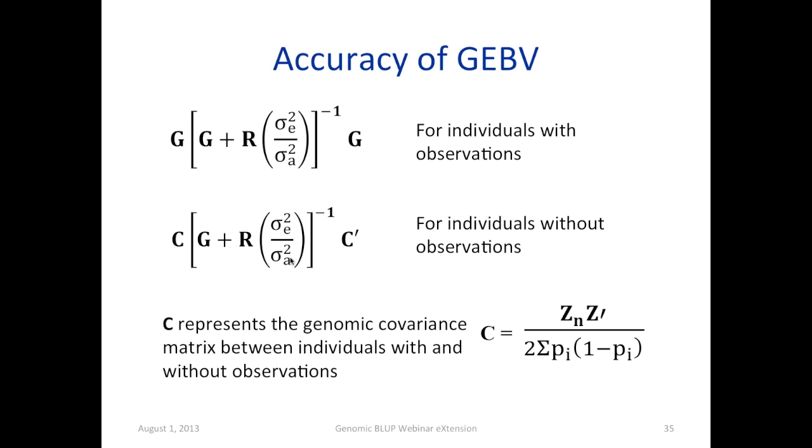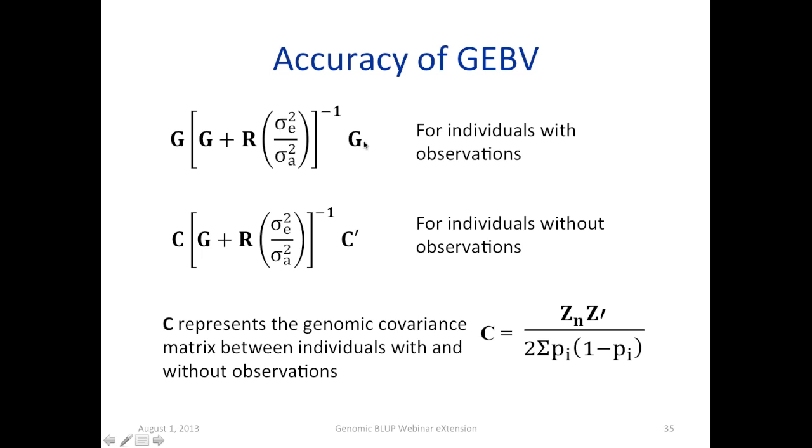The accuracy of the genomic estimated breeding values will be different from the accuracy for individuals with some phenotypic data. The first formula at the top is the accuracy of the breeding values for individuals with observations.